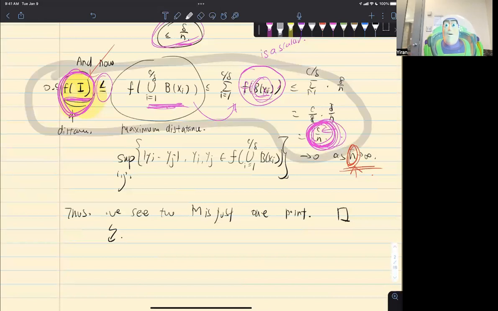So it does not include an interval. Therefore, we reach a contradiction. I hope the proof is clear. If I had any mistake or typo, please let me know. Otherwise, we can move on to the next problem.